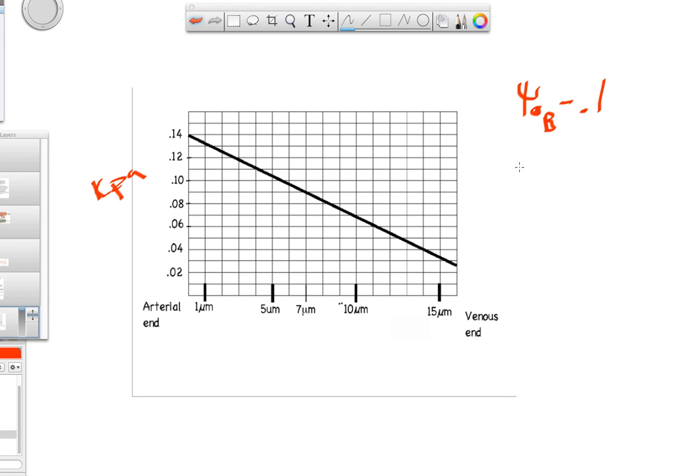And I can tell you that the osmotic potential of the interstitial fluid was, let's say, minus, it has to be, you'll notice, a greater number than that of the blood. The blood is always going to have a lower osmotic potential than that of the interstitial fluid, so that limits the choices I have. But let's say it's minus 0.02.